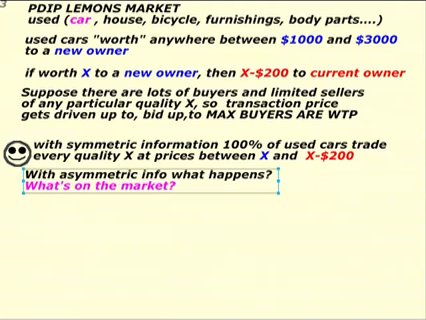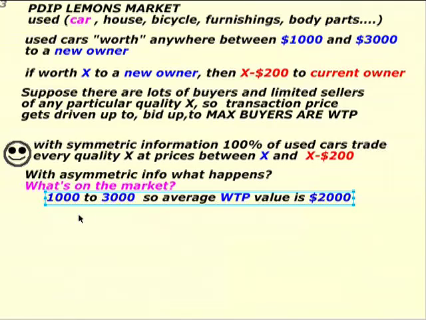A little different with asymmetric information, because you have to ask yourself what exactly is on the market. So let's suppose that all cars from $1,000 to $3,000 are out there, and if they're all kind of equally distributed between $1,000 and $3,000, the average willingness to pay will be about $2,000.